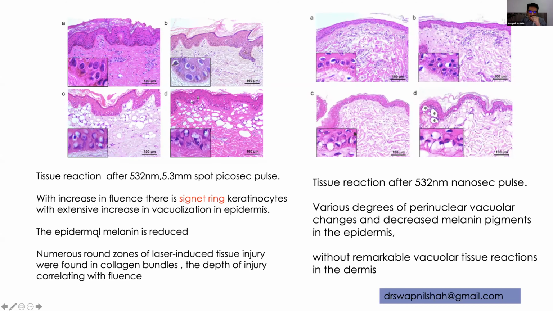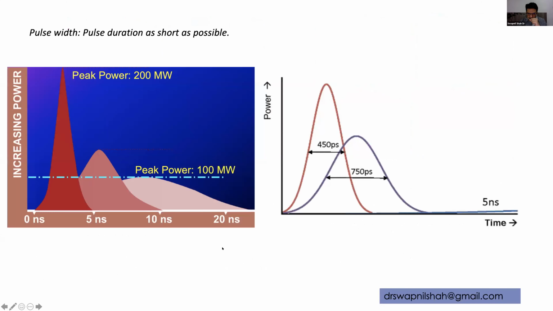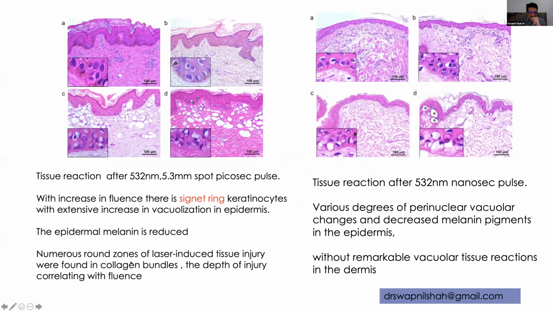The epidermal melanin is obviously reduced, and numerous round zones of laser-induced tissue injury were found in the collagen bundle, with depth of the injury correlating with the fluence. So the more the fluence, the more the depth is achieved.